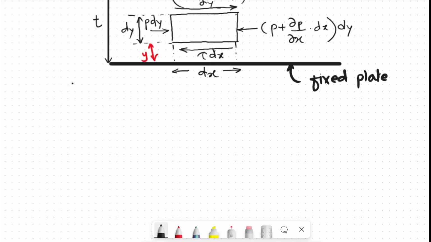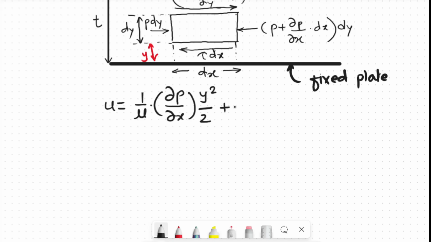Now friends, the relation for u was u is equal to 1 upon mu into delta p by delta x into y square by 2 plus c1y plus c2.